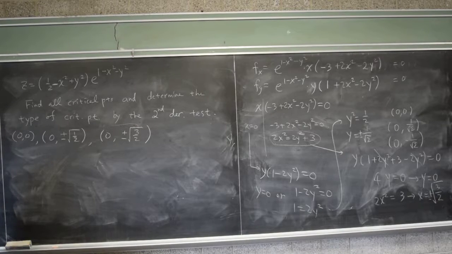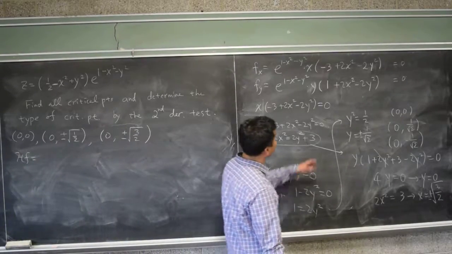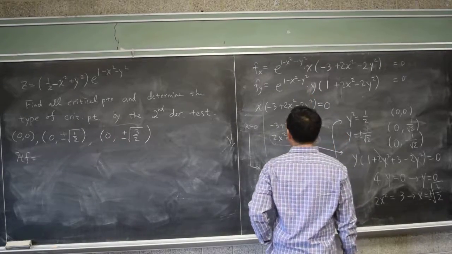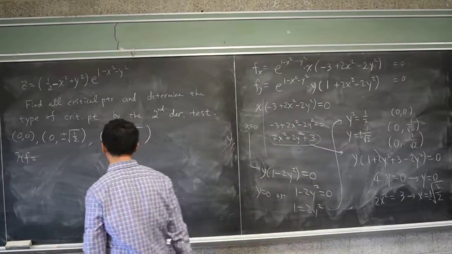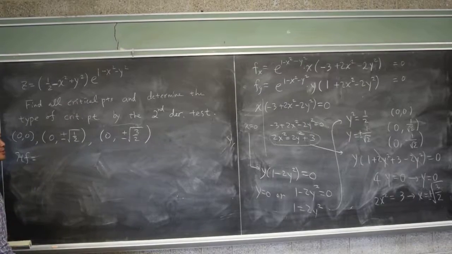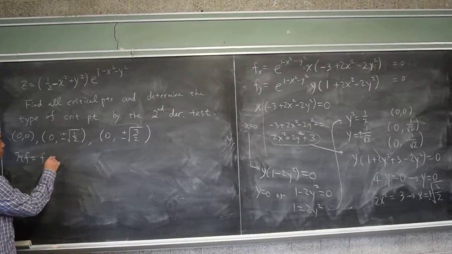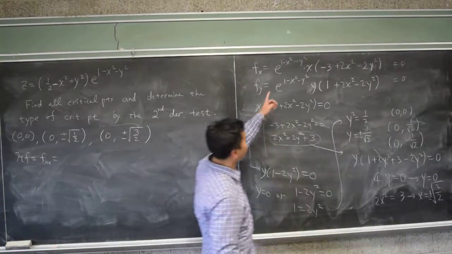All right, now we have to calculate the Hessian. That means we have to differentiate this. It's not what I would like to do, but I guess I have to do it. So Hessian of f means fxx, so we have to differentiate this by x.